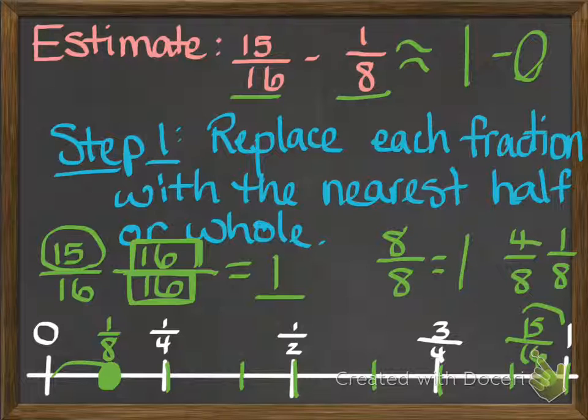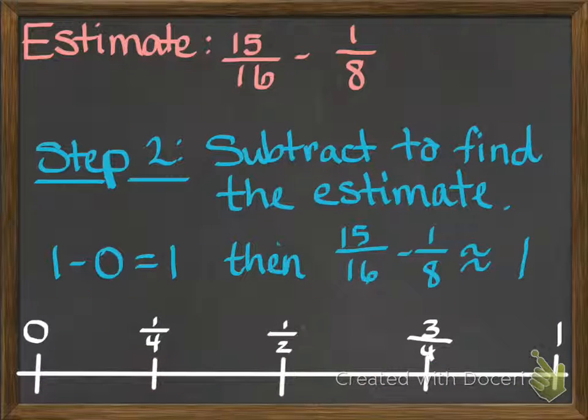Okay, so now I'm going to replace that with 1 minus 0. Now that I have replaced it, I subtract to find the estimate. So 1 minus 0 equals 1, of course. So that means then that 15/16 minus 1/8 is close to 1, or is approximately 1.